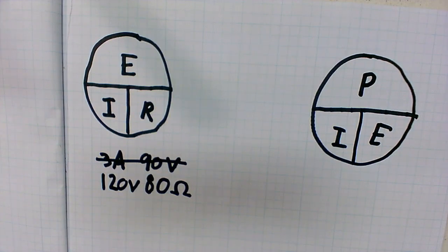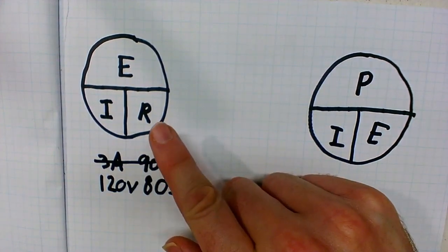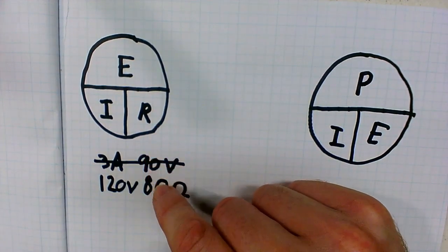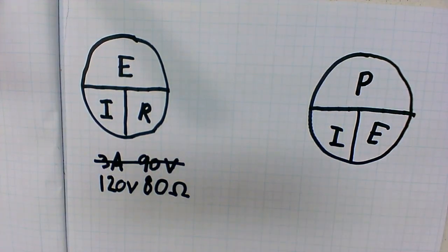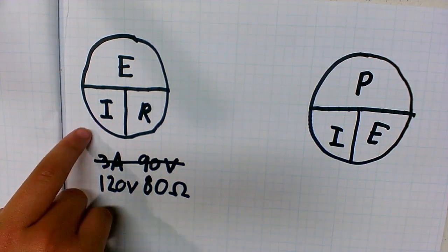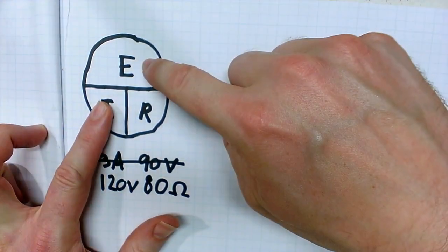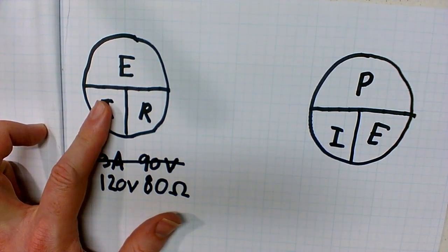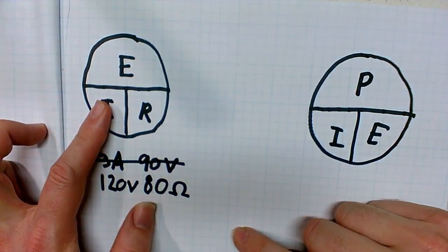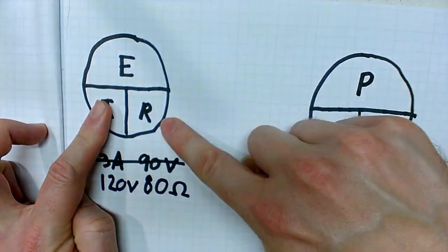So they give us voltage. Actually, what they asked is, what is the current? So we would put our finger on the I. And then we have E divided by R. So E is 120, divided by 80 ohms. 120 divided by 80.